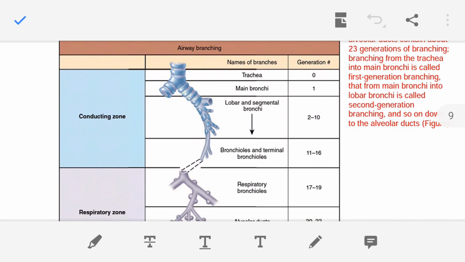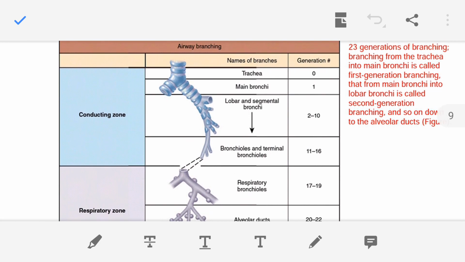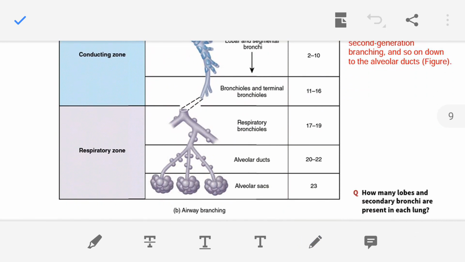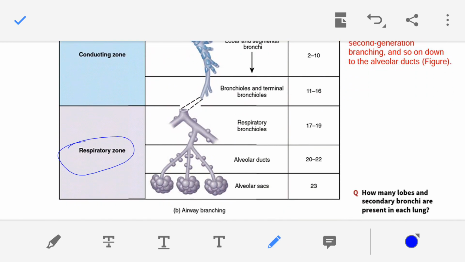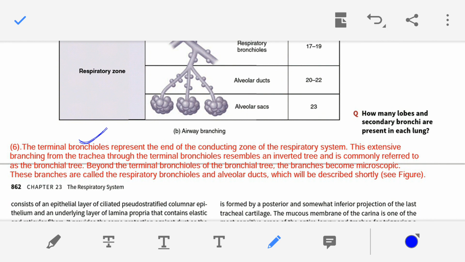we can divide this entire pathway into two zones. One is the conducting zone and the second one is the respiratory zone. So what are these two zones? When there is a formation of terminal bronchioles in the lung, the zone up to the point where the terminal bronchioles are present is known as the conducting zone.